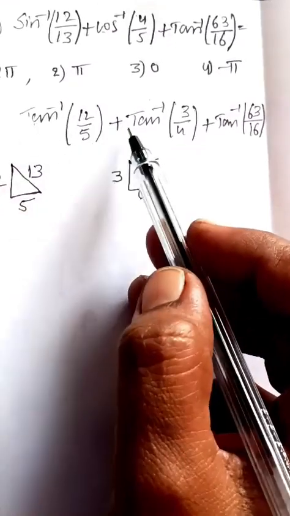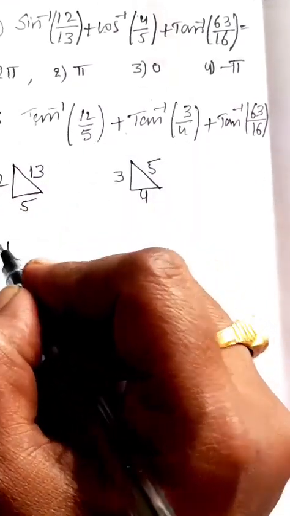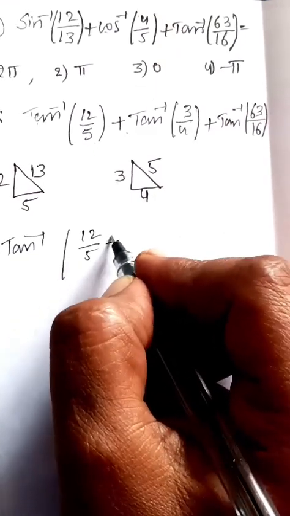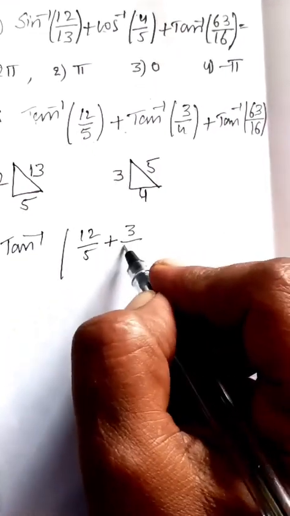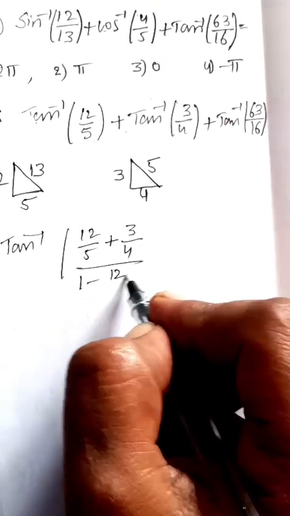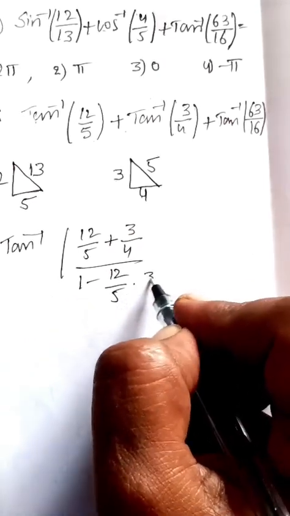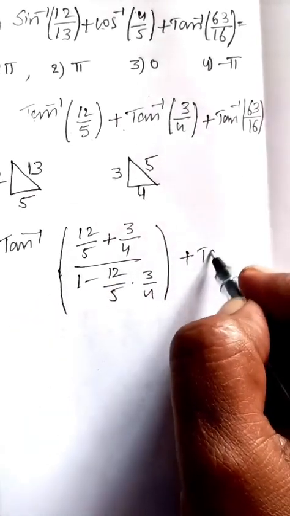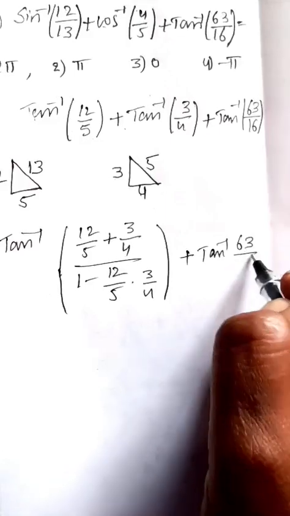So tan inverse x plus tan inverse y is tan inverse of x plus y by 1 minus xy. Plus tan inverse 63 by 16.